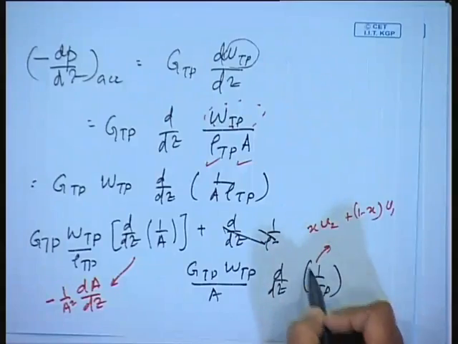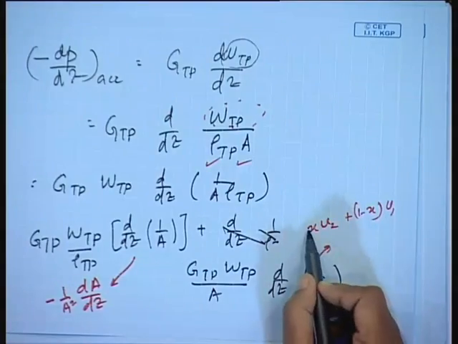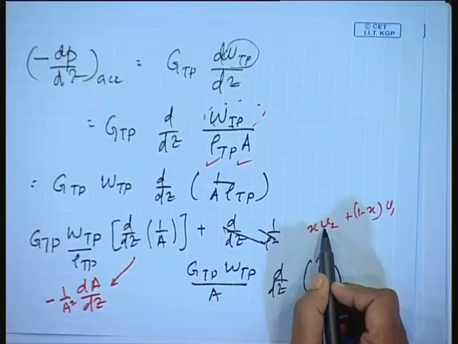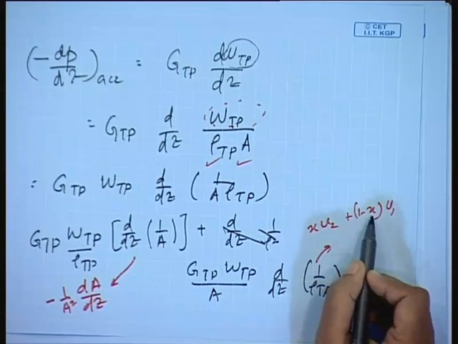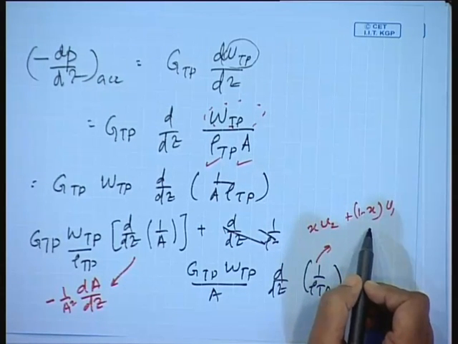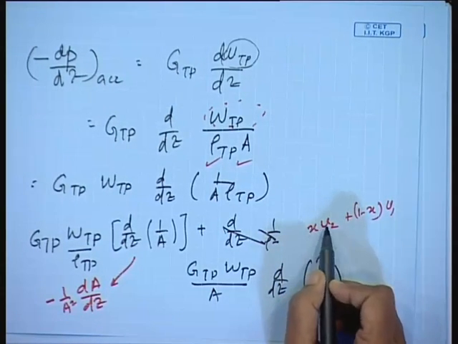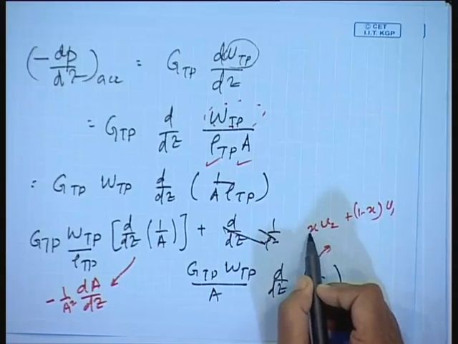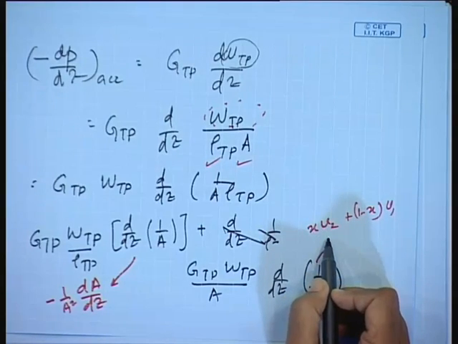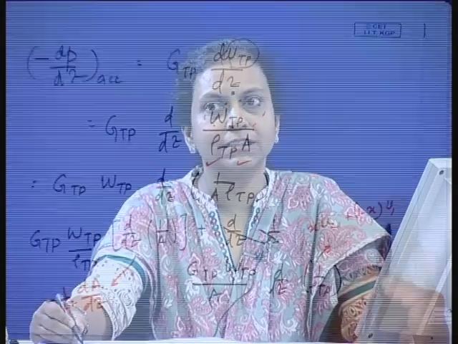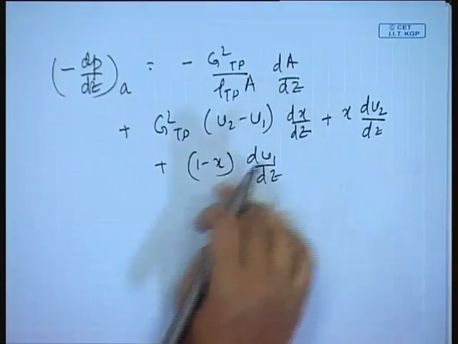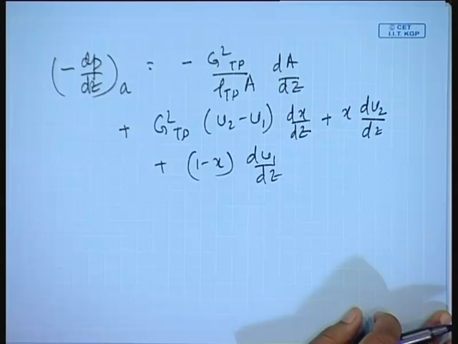Okay. So, from here if you differentiate, we get v2 dx/dz plus v1 minus v1 dx/dz, agreed, and then we get x dv2/dz and (1 minus x) dv1/dz, isn't it? So, I have combined all of them and this is the total expression.